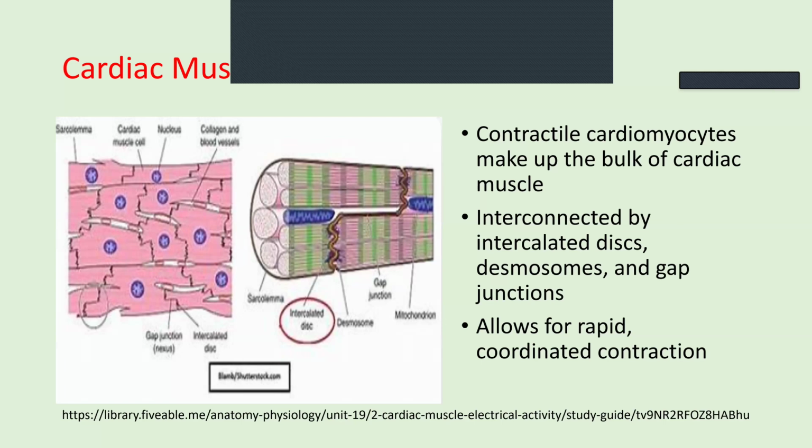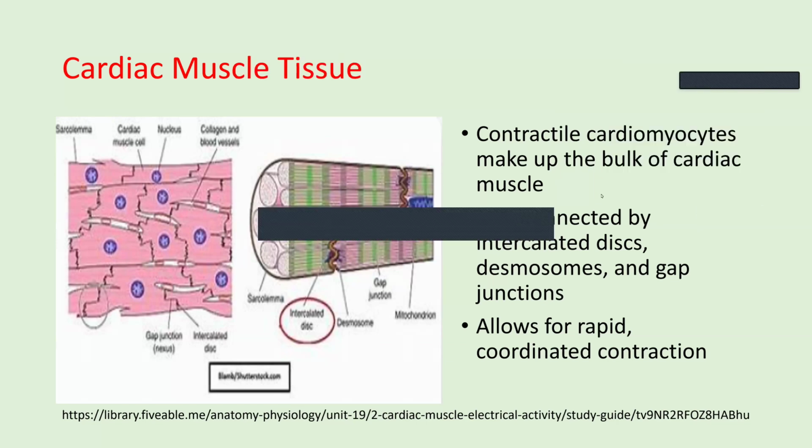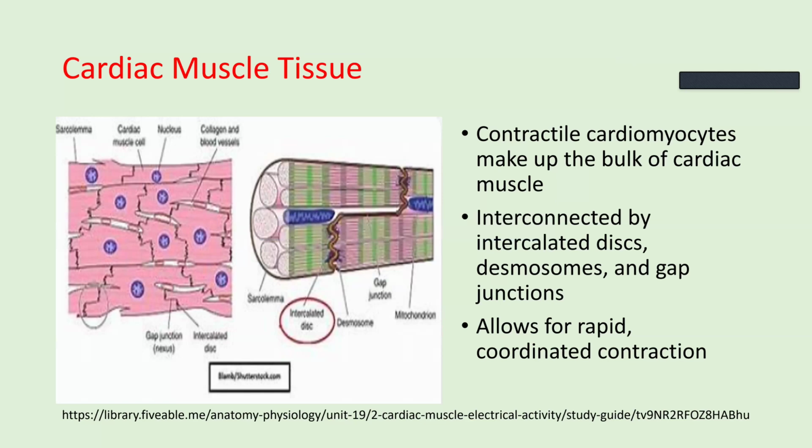The desmosomes provide mechanical coupling between cells, while the gap junctions allow for the rapid spread of electrical impulses, enabling the coordinated contraction of the heart.